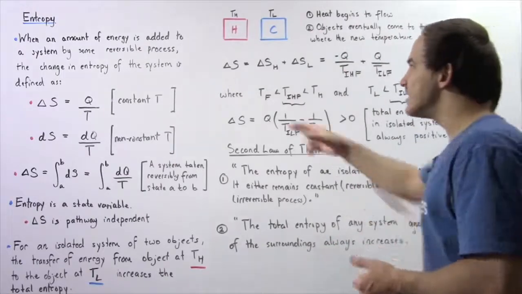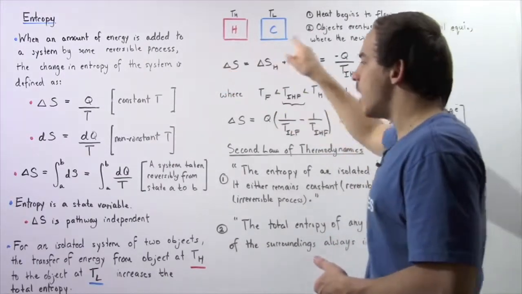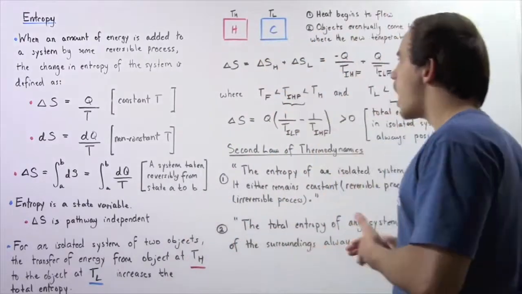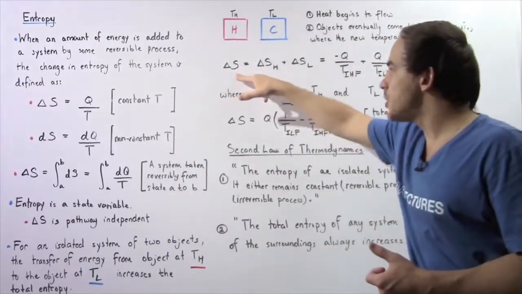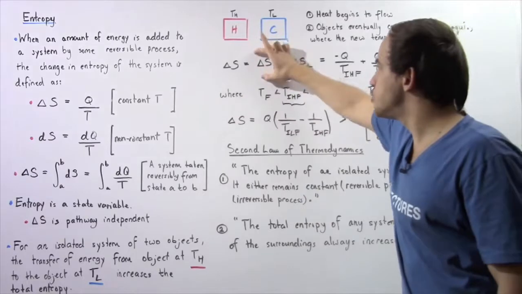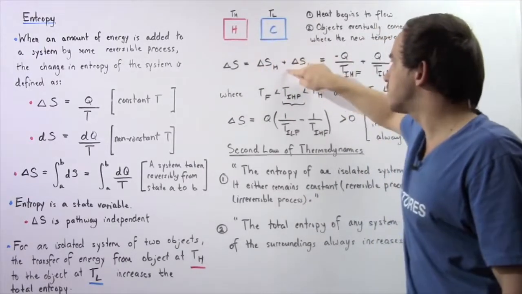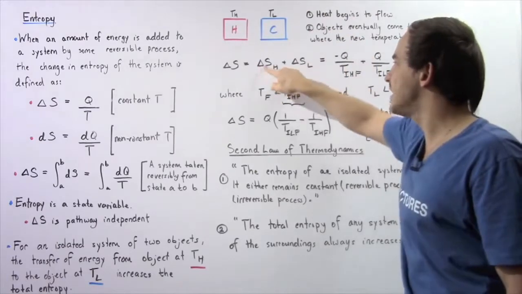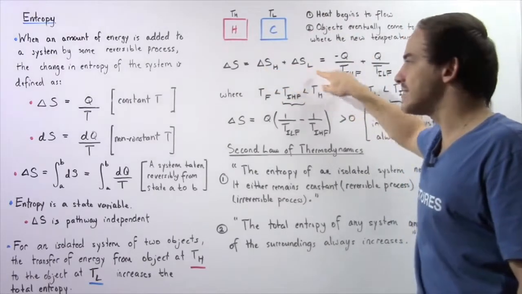So let's represent the change in entropy of our isolated system that consists of these two objects. The change in entropy is equal to the change in entropy of this object plus the change in entropy of this object, so delta SH plus delta SL.